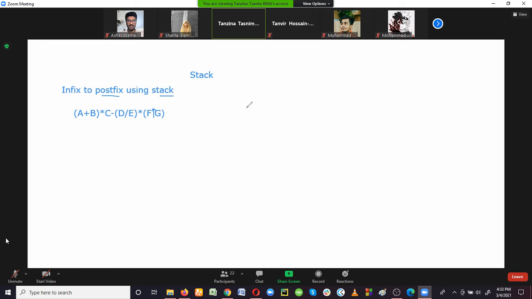At first, we need to use a stack, right? And then we can store all the operators here. In this stack, we can store all the operators, including the parentheses, that is the left parentheses, and we need another column where we can scan the data elements of infix notation.